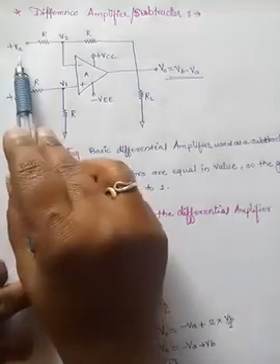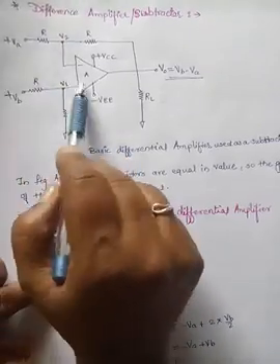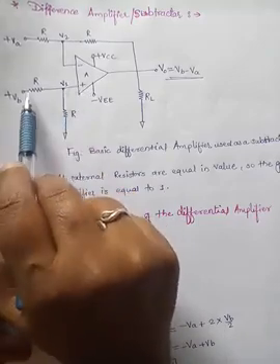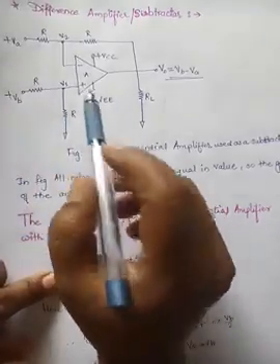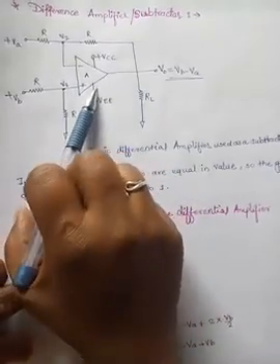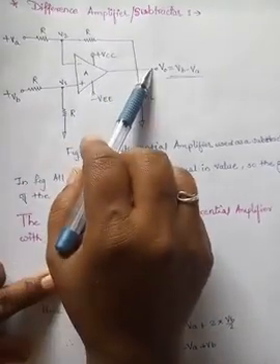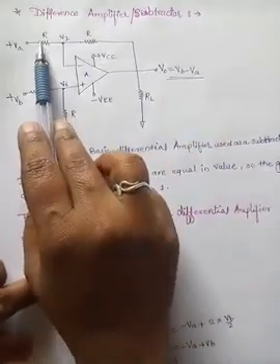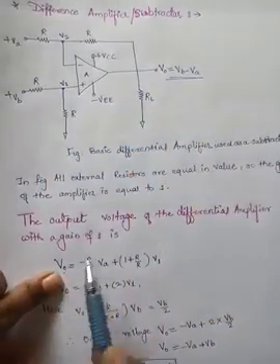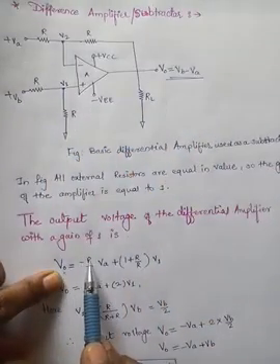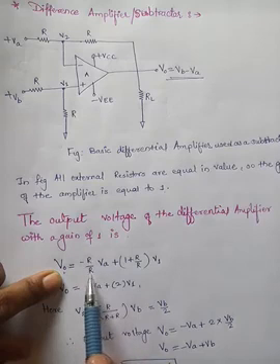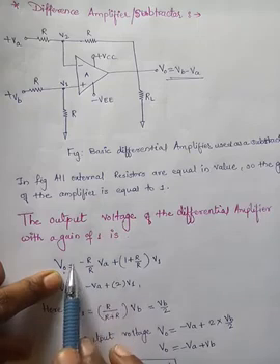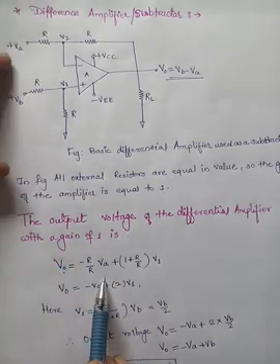When VA is the input signal and VB is equal to 0, the op amp is in inverting configuration, which means the non-inverting input terminal is at ground potential. So the output voltage equation is similar to the inverting op amp: minus RF divided by R1 into VA. RF is R and R1 is again R, so it is minus R by R into VA. This is the output voltage equation when VA is present.